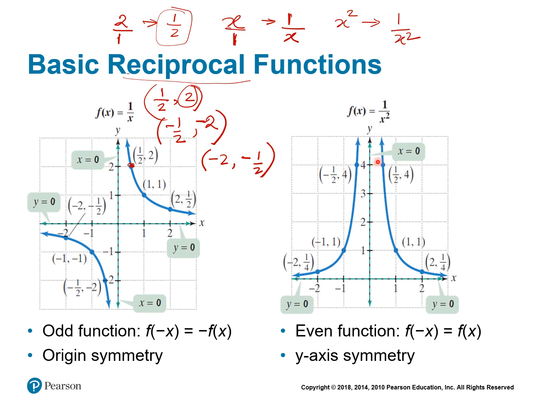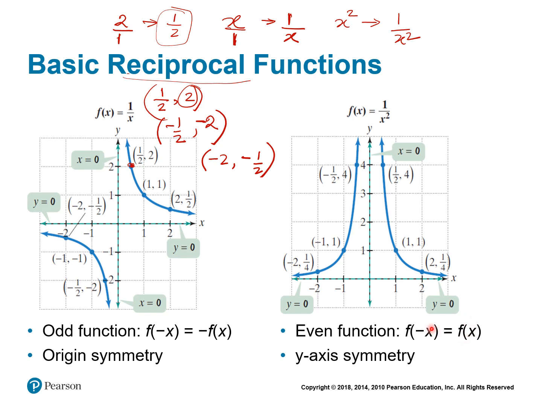Again, same thing here. I'm just looking at the graph on the right hand side in the first quadrant. This point here has half comma 4. Then we have 1 comma 1 and 2 comma 1/4. If we replace 1/2 with negative 1/2 in an even function, the y value doesn't change.